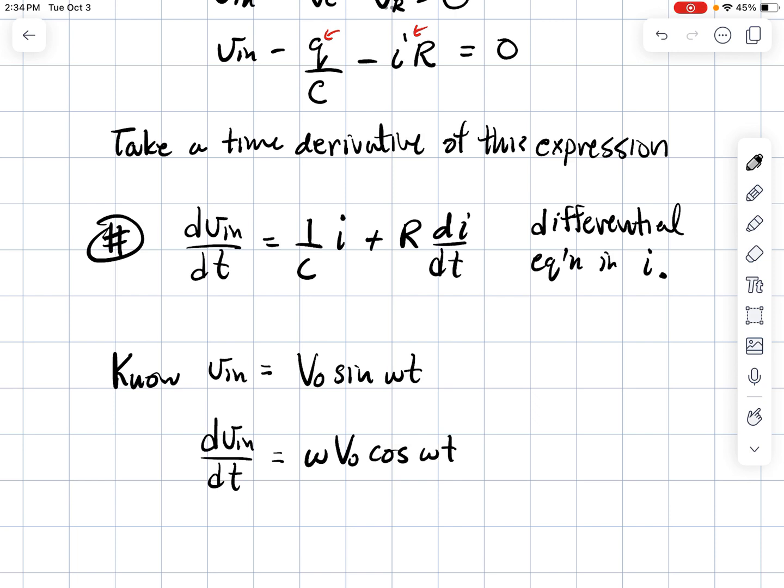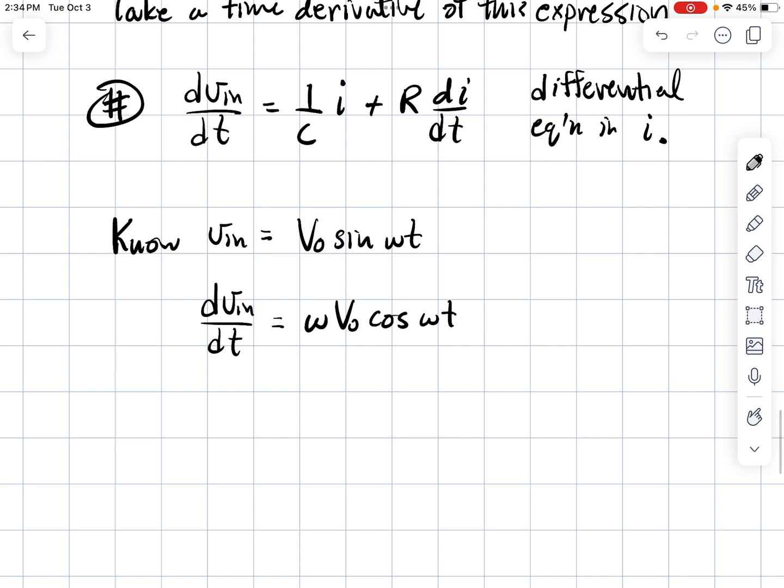So that's it. The other thing we've assumed is that the current is of the form an amplitude times sine omega t, the same frequency, but plus a phase factor. We have a di dt, and if we're assuming a certain form for the current, then we can take its derivative.